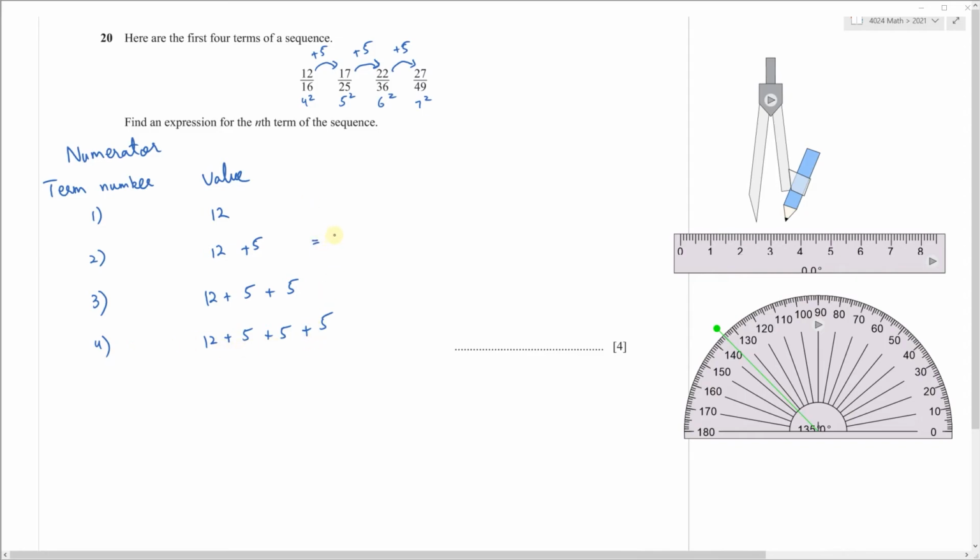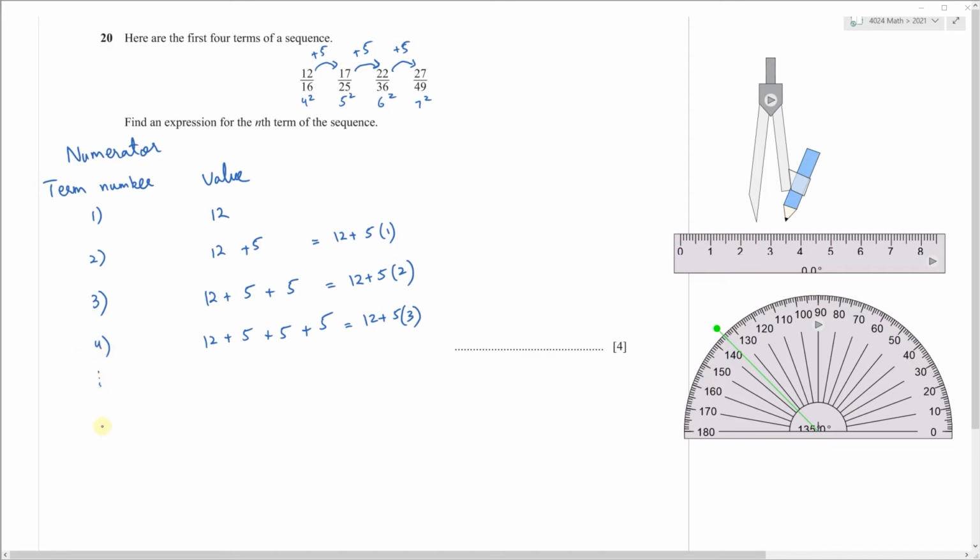So I can also write these as 12 plus 5 times 1. This is equal to 12 plus 5 times 2. This is equal to 12 plus 5 times 3. So if you look at these numbers, the number of times the 5 is added is always one less than the term number.